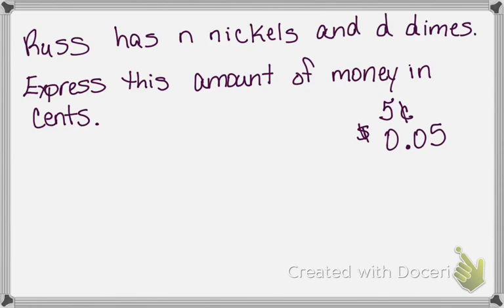I prefer the 0.05 just because we don't function in cents. We just don't. If you write it as 5 cents, you're correct because that's what it's saying. Okay? How do I do a dime? 0.10. Good. Okay, if you wanted to do it in cents, what would you do?